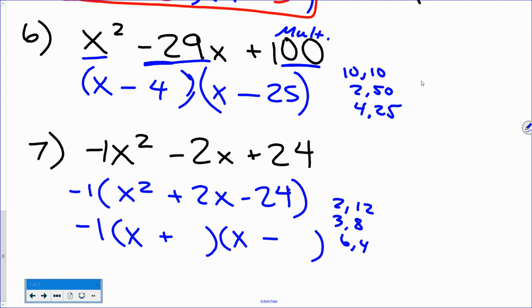But I need to combine them to be a 2. I'll need one of them to be negative. So 6 and 4 are 2 apart. So I'll need a negative 4 and a positive 6 so that that would combine to positive 2x.